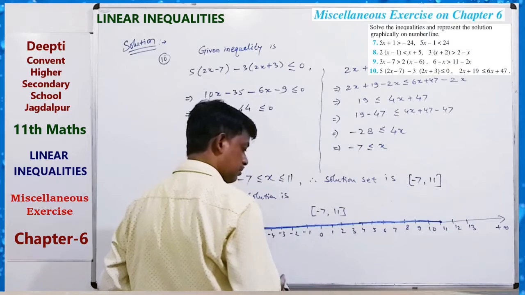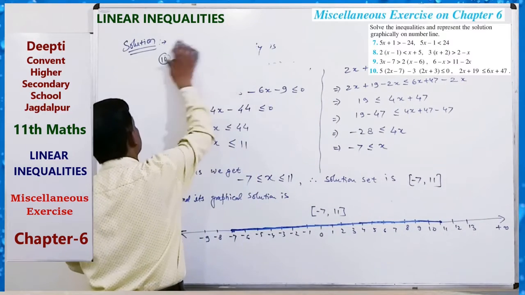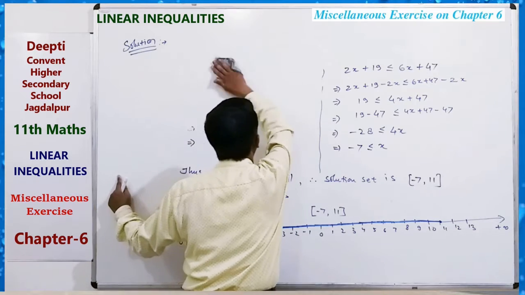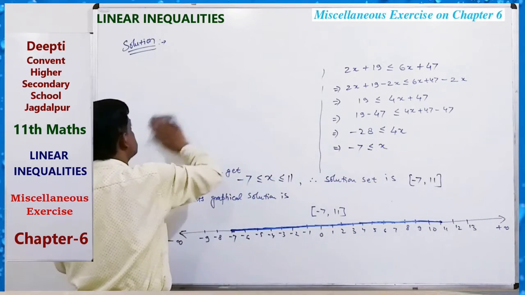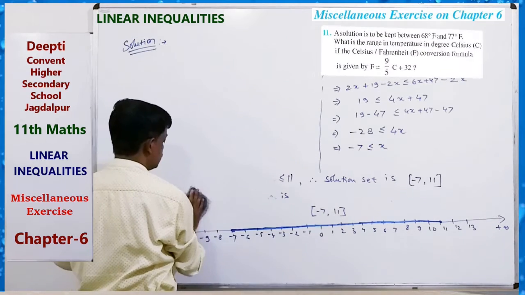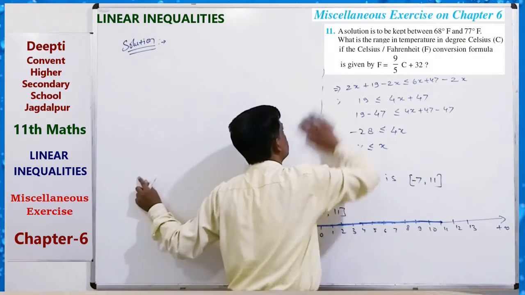Now 11, 12, 13 and 14, they are verbal instructions. You first have to make inequalities according to the questions by using the instructions given in the question.